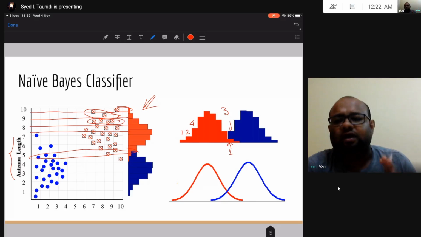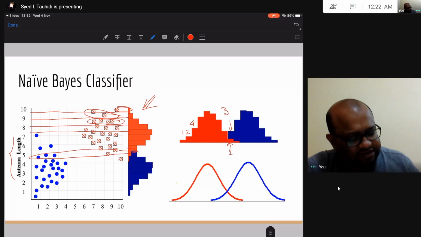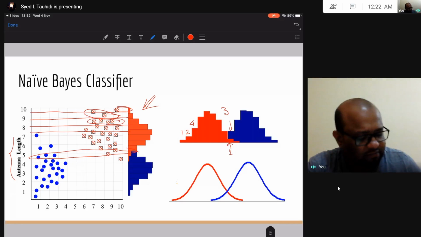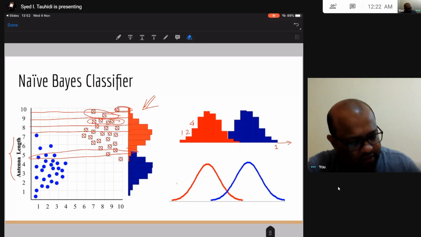Another thing that you should note is the x-axis in this histogram. 1 is here, 2 is here, 3 is here, 10 is over here.